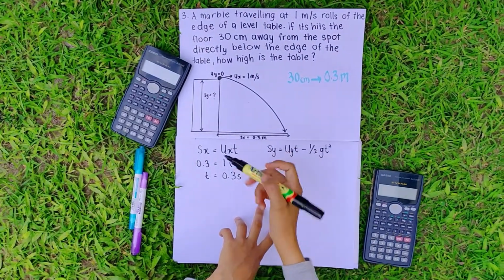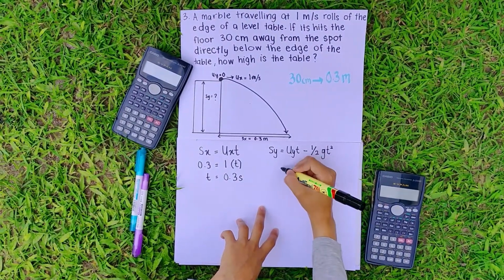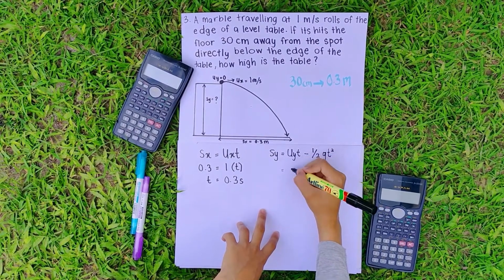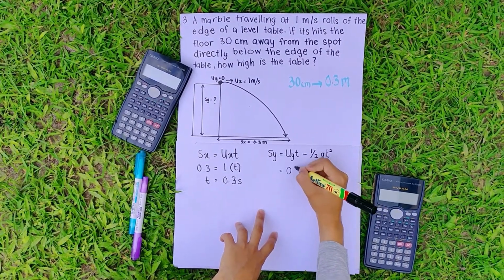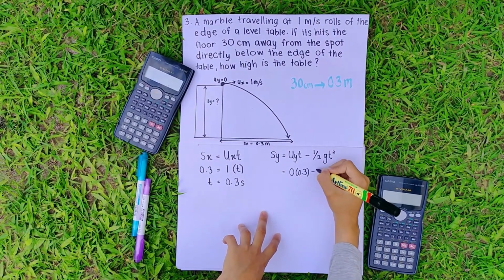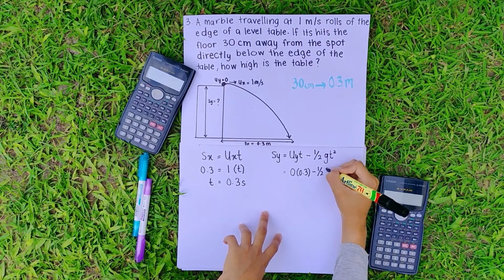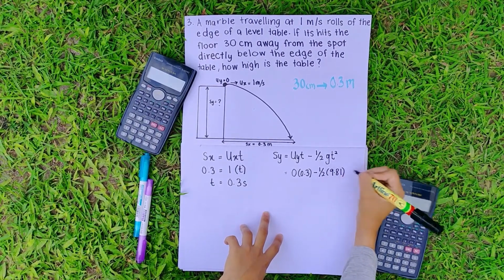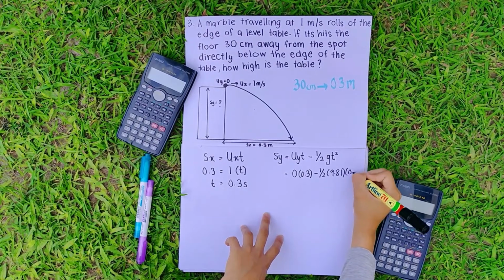Sy is the height of the table, so we just assume that uy is equal to 0, t is equal to 0.3, minus 1 over 2, g is 9.81, multiplied by 0.3 squared.